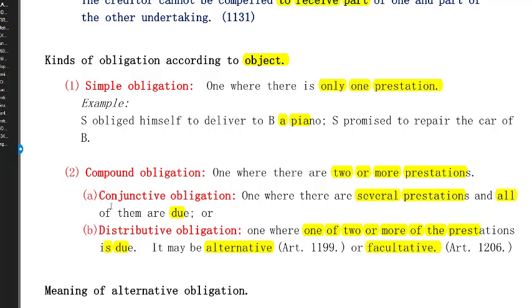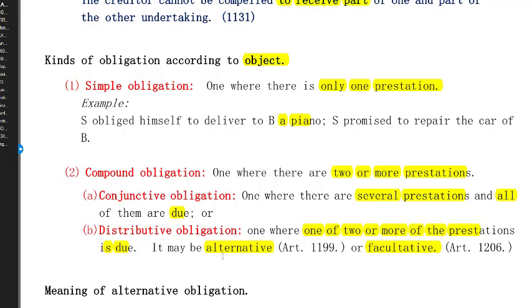So, not all, compared with a conjunctive obligation. The alternative under 1199 and the facultative under 1206 are part of a distributive obligation. But they are classified as compound obligations according to the number of objects or prestations.